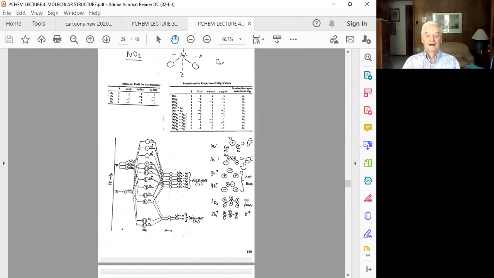So I'm showing you here the diagram out of a molecular orbital description book, and to show you what they are. And I hope your lecture notes aren't clipped off like my PDFs are here, but I think you can get a gist of what some of the bonding is.